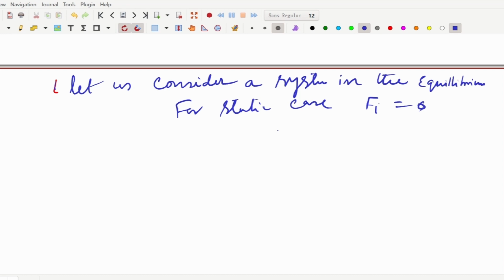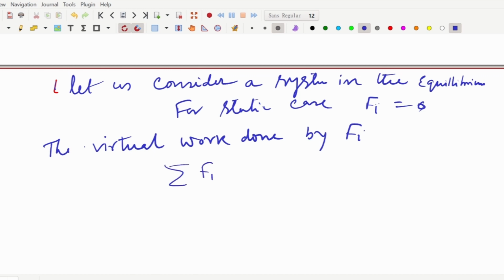And whenever we calculate work done due to the virtual displacement, we call it the virtual work done. So the virtual work done by this static force on the ith particle is given by Fi dot delta ri equal to 0, because all the Fi are 0.